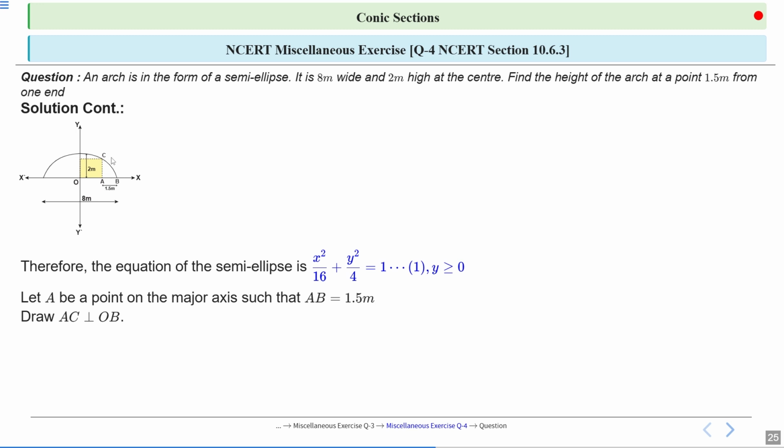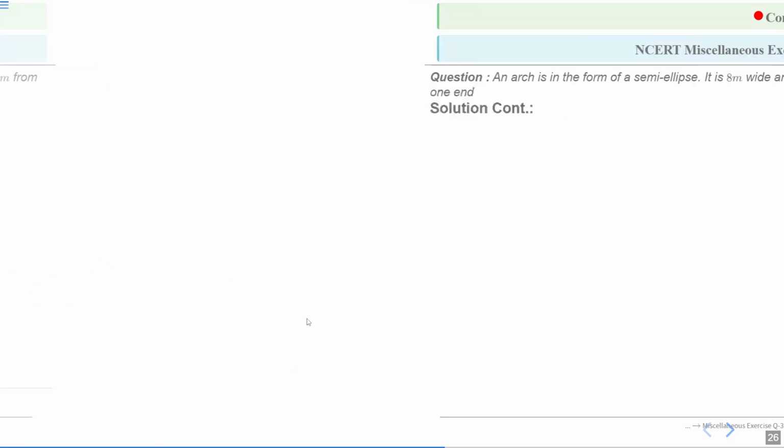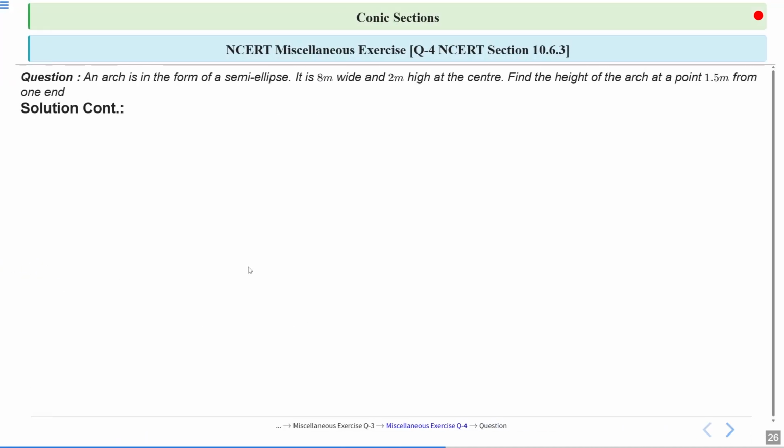And now draw AC perpendicular to AB, and OA is 4 minus 1.5 meter, which is equal to 2.5 meter. The x coordinate of point C is 2.5.